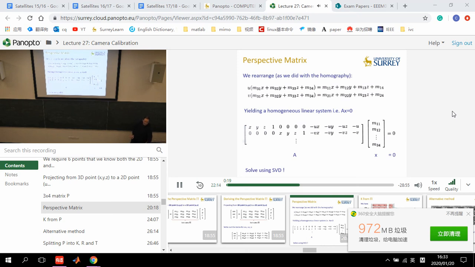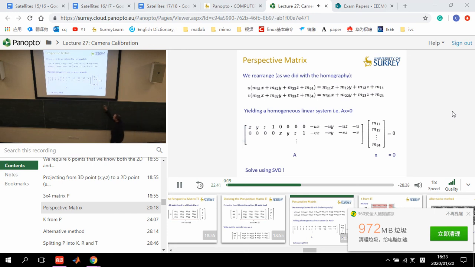Yeah? And then for the second line, I won't talk it through, but you can see there's no m11 to m14s. And similarly, we've written it out to create those terms. So we've got two rows there for a single correspondence from 3D to 2D. That's a point we painted on our object that we know the coordinates of by design, and the image of it that we've recovered from our 2D photo we took of the object with our camera that we want to calibrate.